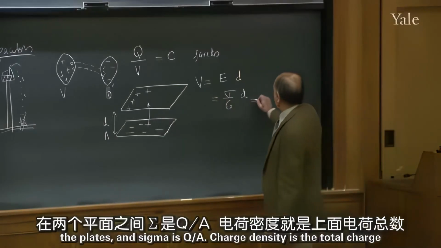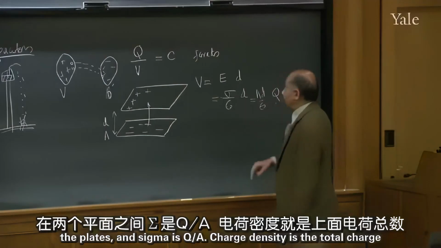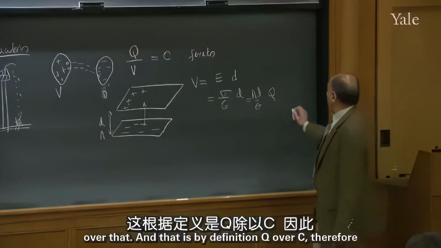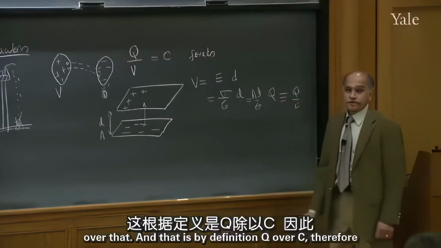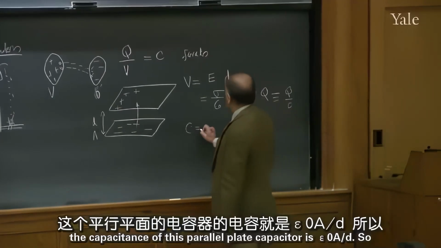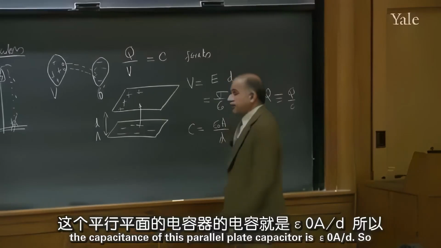And sigma is Q over A. Charge density is the total charge over the area. And that is by definition Q over C. Therefore, the capacitance of this parallel plate capacitor is epsilon 0 A over D.